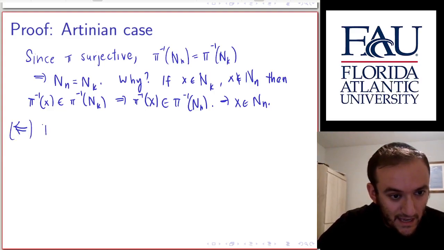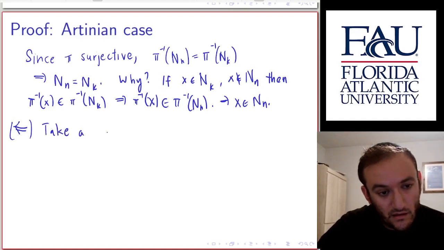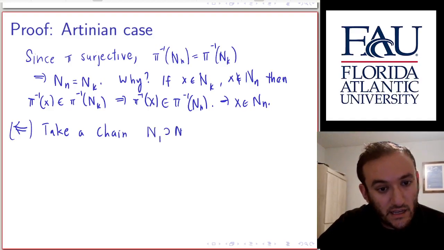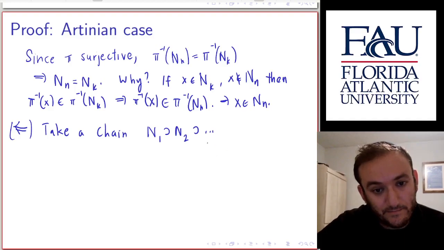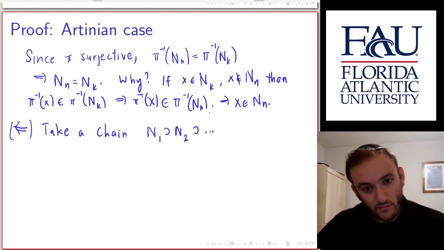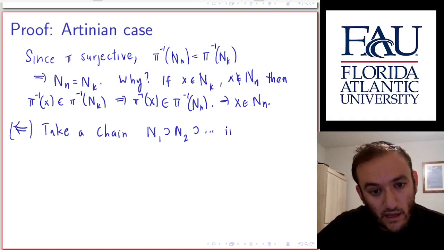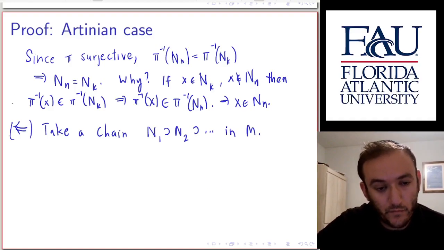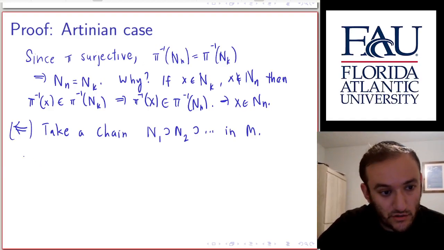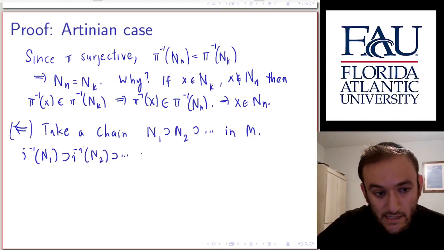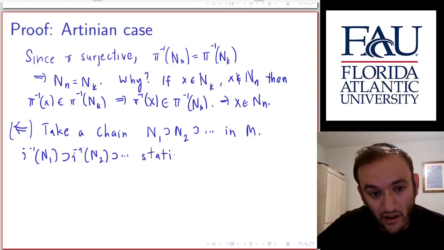So let's take a chain of submodules n1 containing n2, etc., in M. If we look at the preimage under i, so i inverse of n1 containing i inverse of n2, etc., this is stationary by the fact that M prime is Artinian.